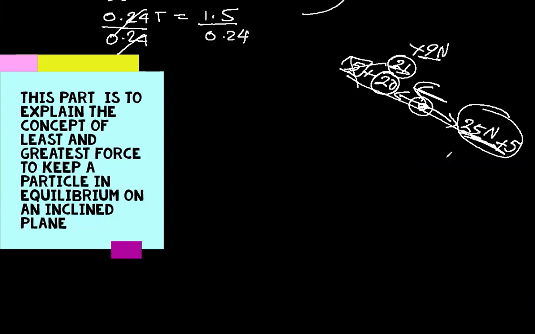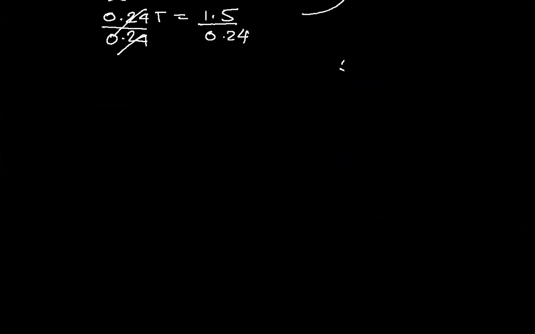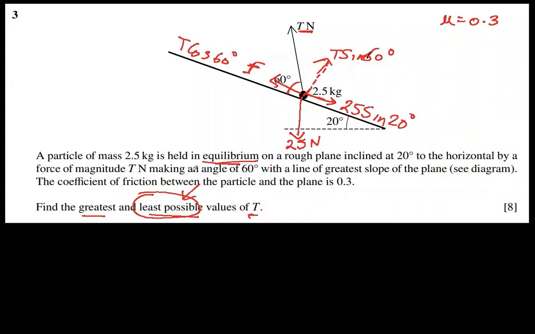So there is a range. The least one was 20, and the greatest one is 30. Yes, there is a range of 20 to 30. This particle will still be at equilibrium. This is what greatest and least force is all about. And we are focusing on least possible. It will be least possible when friction and the force applied by us equal the force which is downward.